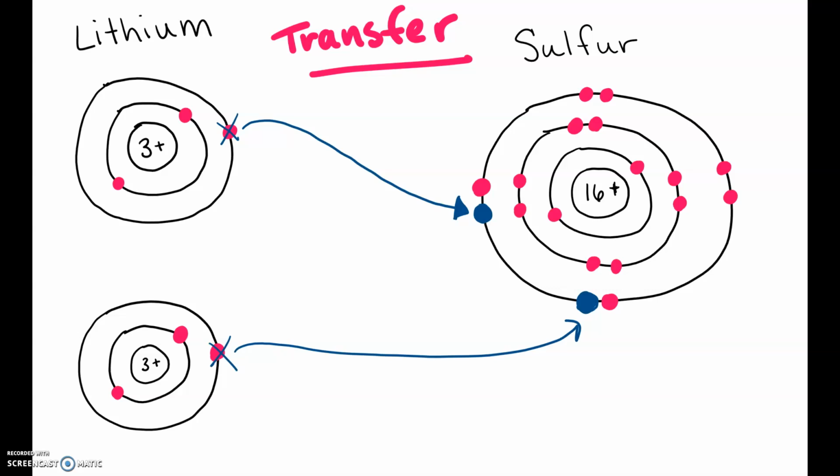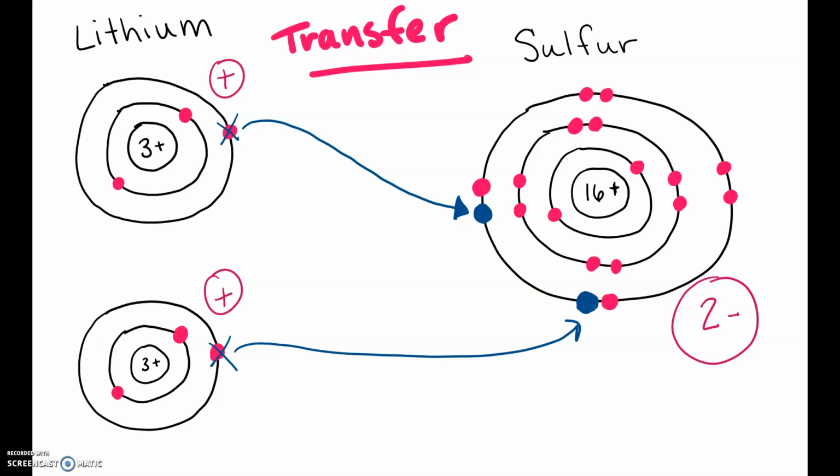And so each lithium atom has an overall positive charge. And then sulfur has 16 protons in it, but after it's gained these 2 extra electrons, it now has 18 electrons. And so it has an overall charge of 2 minus because it's gained 2 electrons.